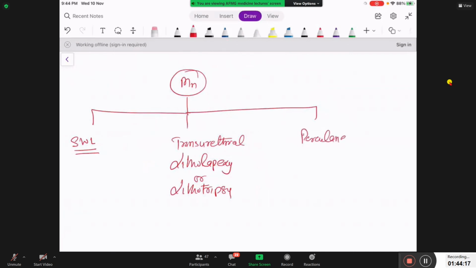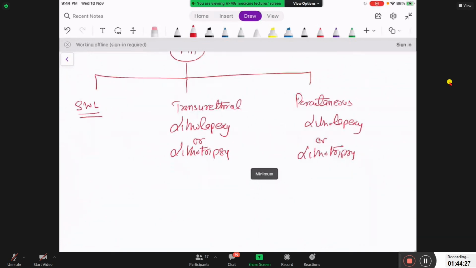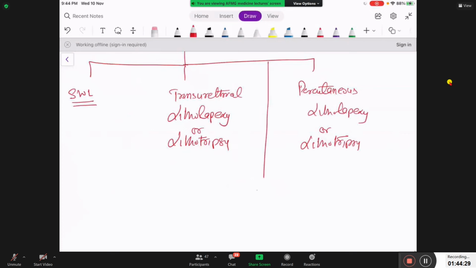Percutaneous litholapaxy or lithotripsy. And we also have open cystolithotomy.